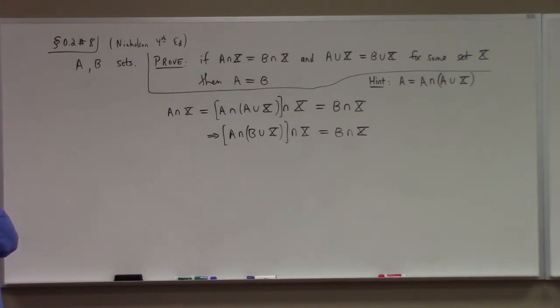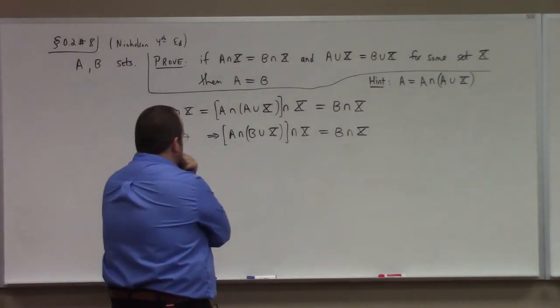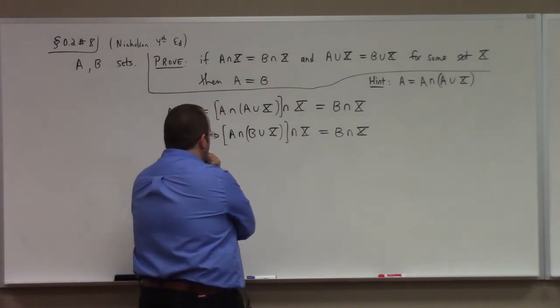Can you distribute the intersection, A intersection B, union A intersection X? Distribute where?